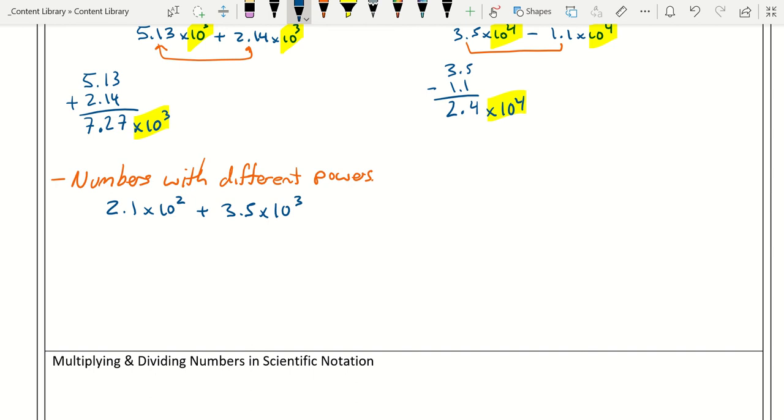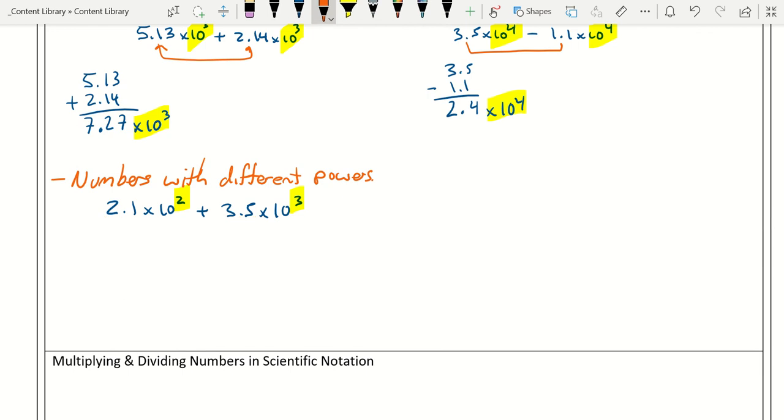Well, what we need to do is make these common. We need to have the same exponent, the same powers. And so we have one of two options. We can either move this decimal over once, or we can move this decimal over the other way, left once.